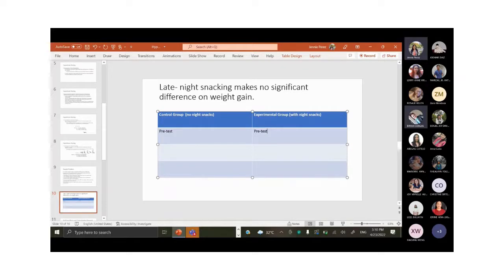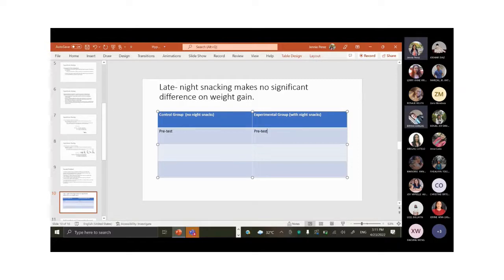Okay, there is no significant difference. During the pretest, we have to make sure that these two groups are not significantly different in terms of body weight or BMI. Okay, yung control and experimental group, initially, they are not different in terms of body weight. Kasi we have to establish that it is only the intervention that made a difference between the two.